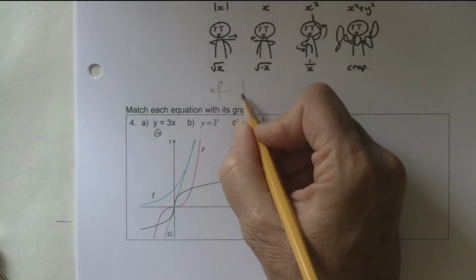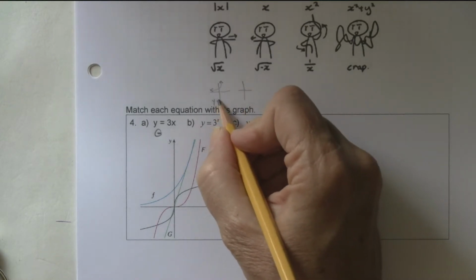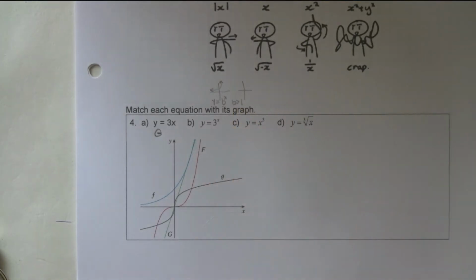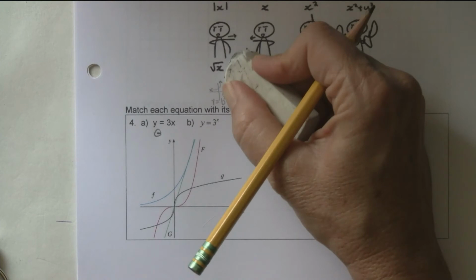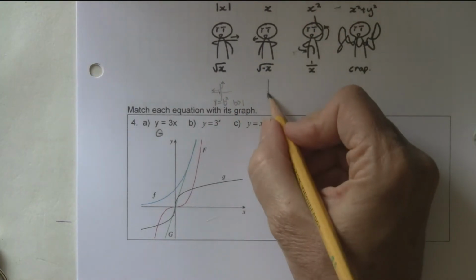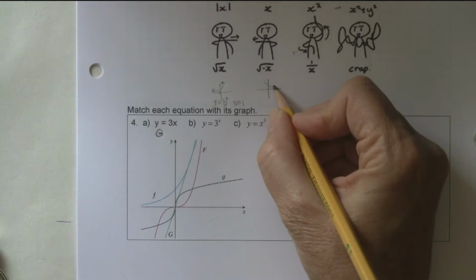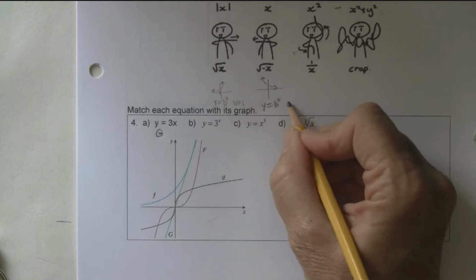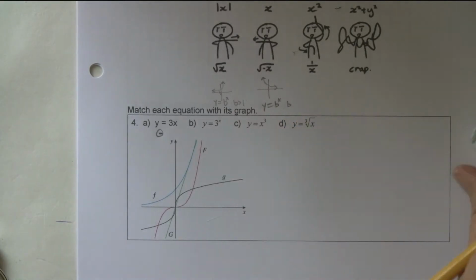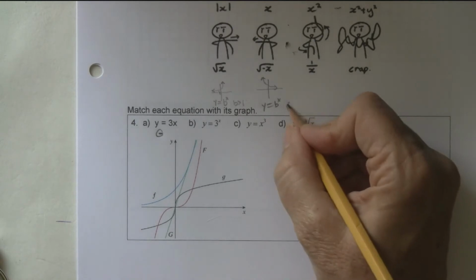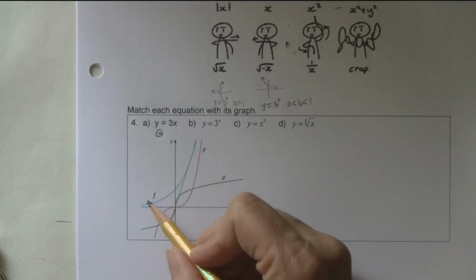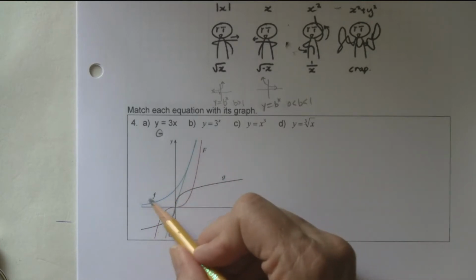Whereas if your base is smaller than 1, so this is y equals b to the x, where b is greater than 1, and then I'll erase that and move it over a little, and if it looks like this, this is y equals b to the x, where b is between 0 and 1, okay, is how it would kind of look. And so since this is greater than 1, we're looking for something like that, right? So this must be F.